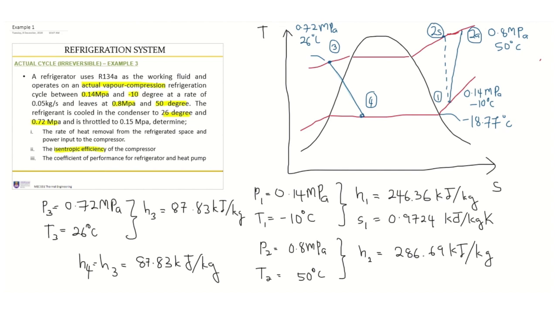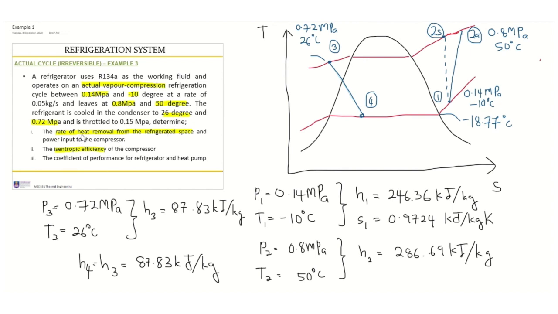Okay, now let's answer the first question. The rate of heat removal from the refrigerated space. Refrigerated space meaning the one that we want to cool down, meaning the box in our refrigerator, right?